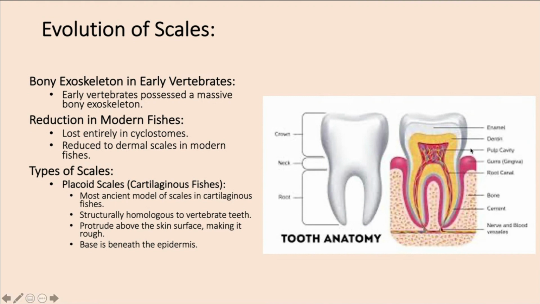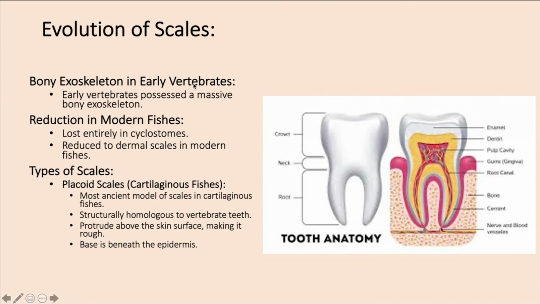And this supplies the dentin so that your dentin is nice and healthy. And the placoid scales that the sharks have literally have this same exact structure. So they also have enamel on their placoid scale, and then dentin, and then the pulp. Okay.